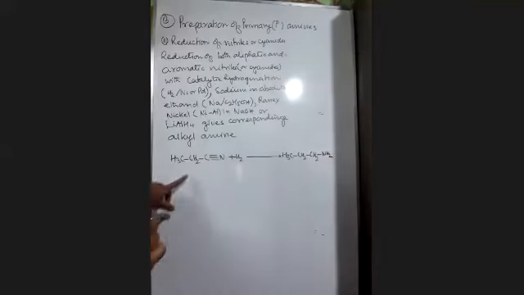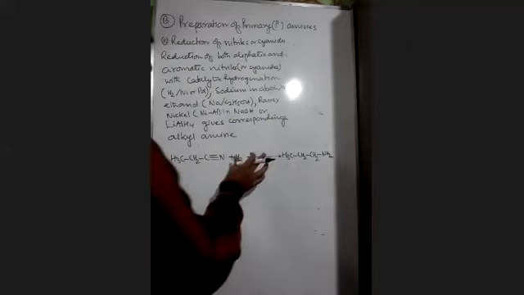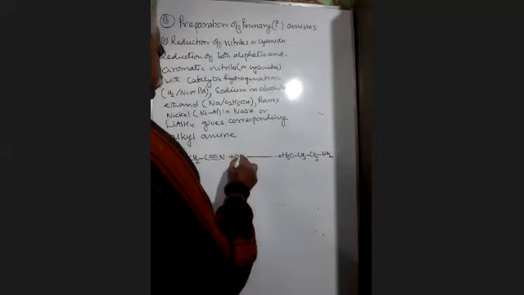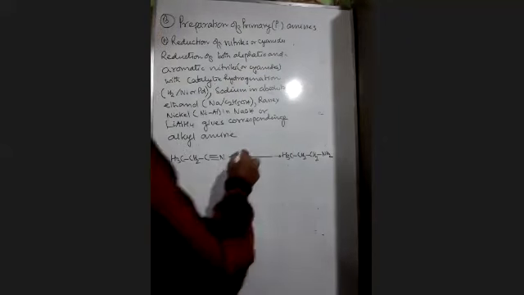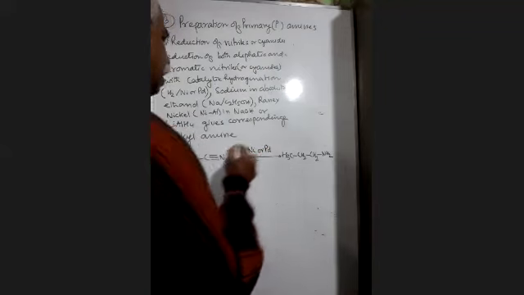This carbon takes 2 hydrogen and this nitrogen takes 2 hydrogen for each double bond. So how many hydrogen do I require? 2 plus 2, 4. So I'll write 2 H2 here, with nickel or palladium. Generally we take nickel. Palladium is very costly. 10 gram of palladium may cost around 30 to 40,000 rupees. It's an addition reaction.